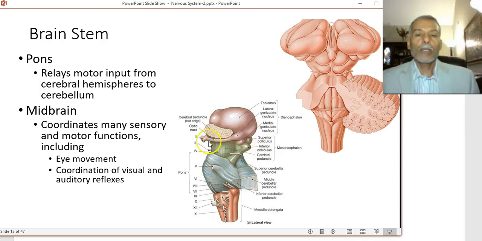So also there are nerves that come out of here that have to do with vision. So you have visual functions, and also you have hearing, and then you also have integration of hearing with vision. For example, this structure enables you to finally locate a sound.